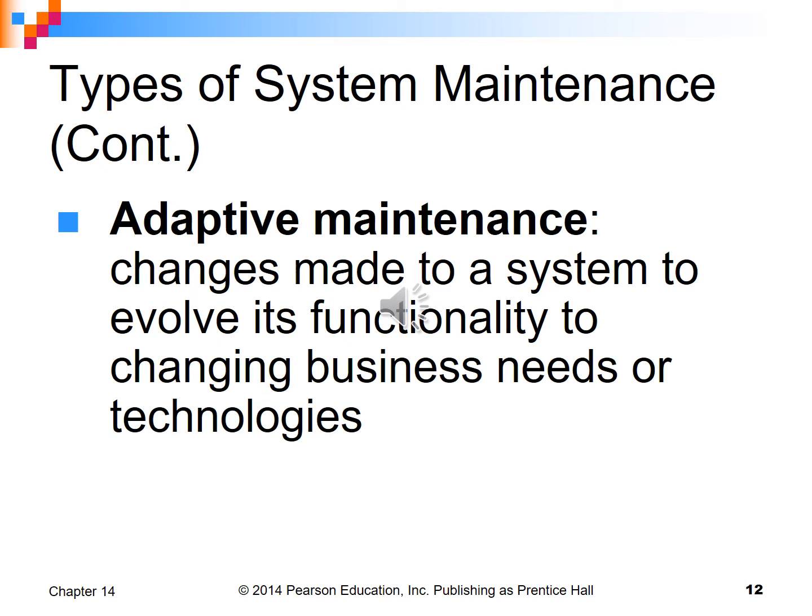Actually, it is a modification of a software product performed after delivery to keep the software usable in a changing environment. When the environment changes, with a new request or a new process, we need to adapt the system to fulfill that new process.